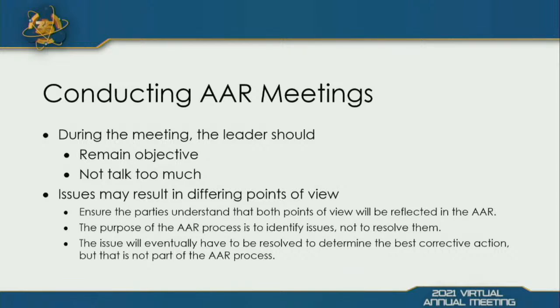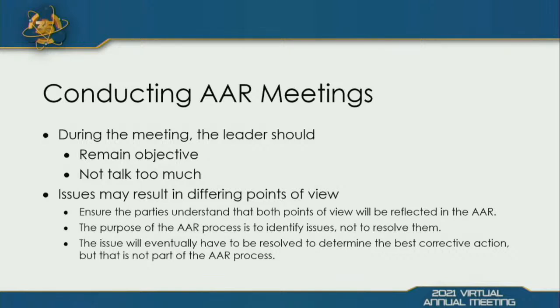So during meetings, it's quite possible that issues come up that people don't agree on, and that's completely okay. And it's completely fine to capture that as an issue and to ultimately put it into an AAR report, right? Say, for example, one organization thinks they should have done an activity, and another organization thinks they should have, and they don't agree.